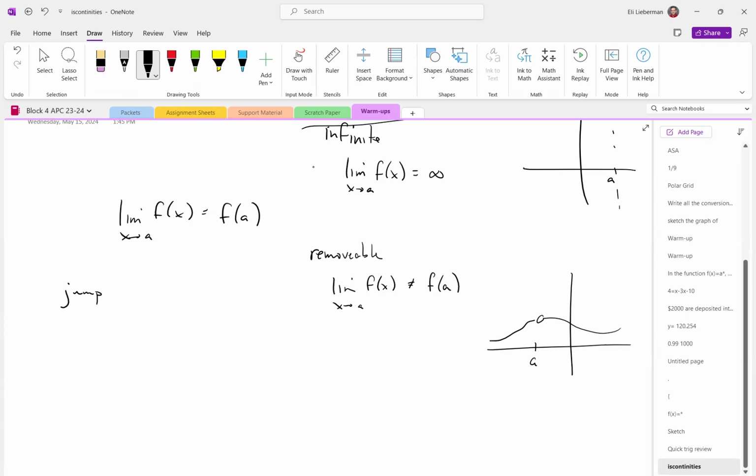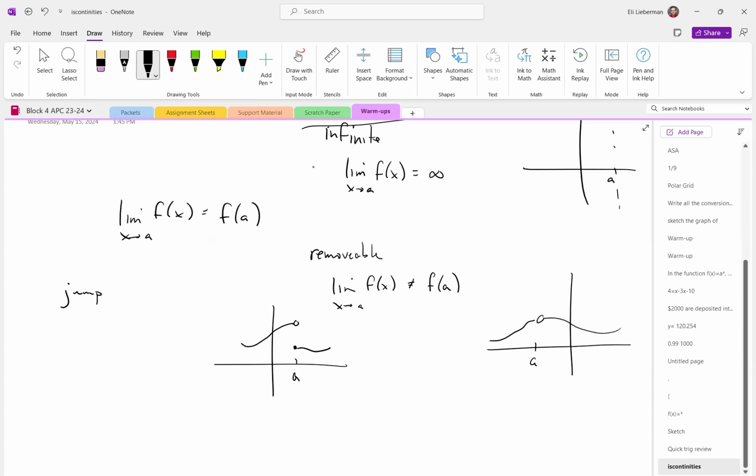Would you show me just in front of you what a jump discontinuity would look like? You have one piece of the function with your left hand and one piece with the other hand. Yeah, so it's not like this, which would be removable through the hole there, but like this. I think this is what you're talking about. Yeah, okay. So if my a is over here, then I have something like this going on up there, and then this. So that was jump.